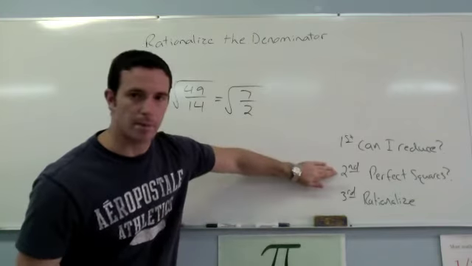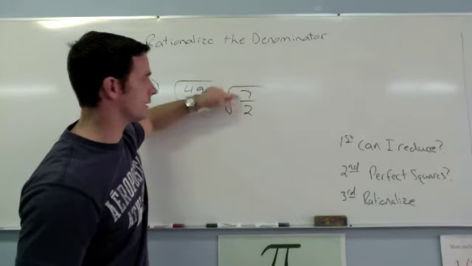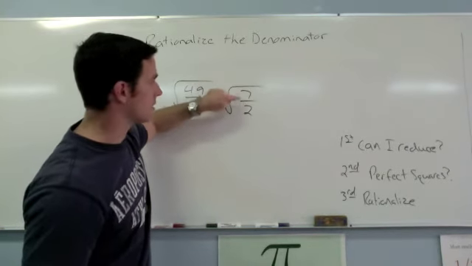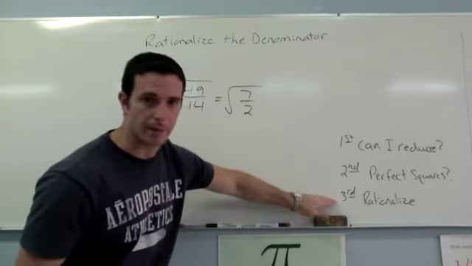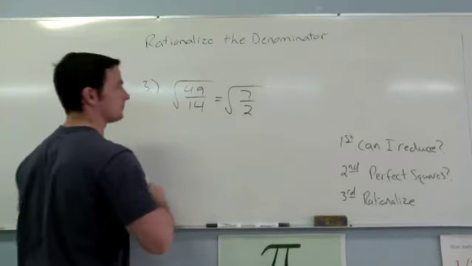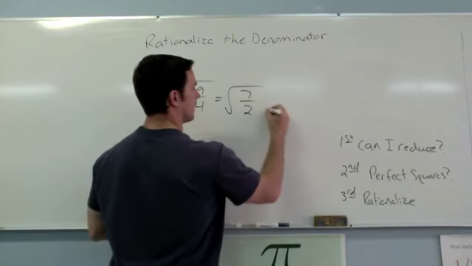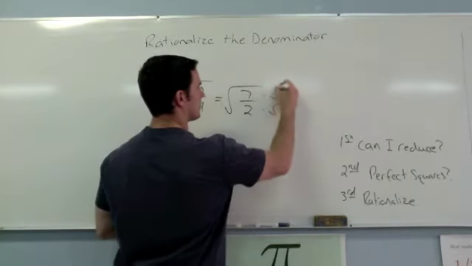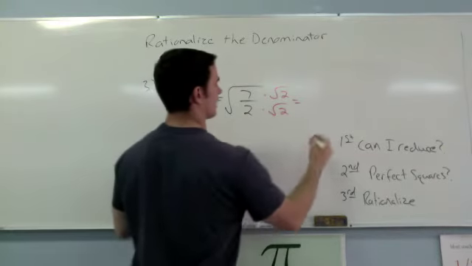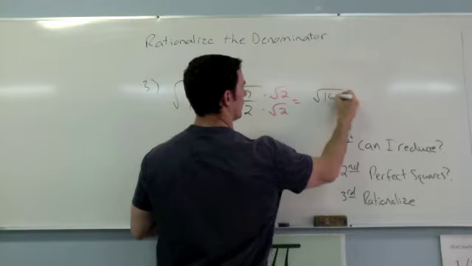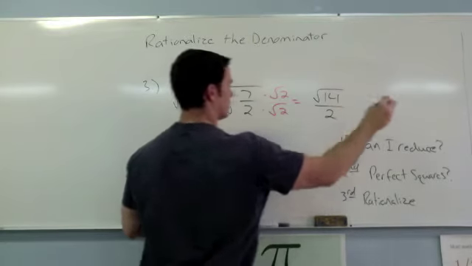Now, are there any perfect squares inside here? No. Neither of these numbers have a perfect square inside them. So, third step, rationalize the denominator. Times radical 2 times radical 2. This gives us the square root of 14 over 2.